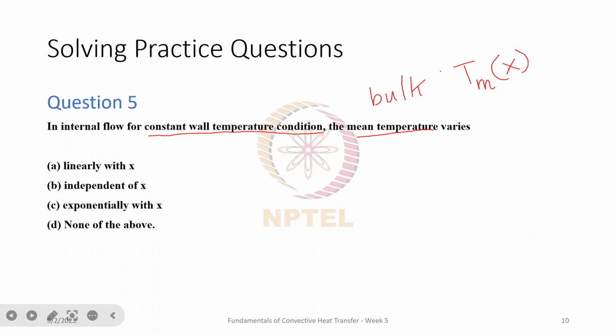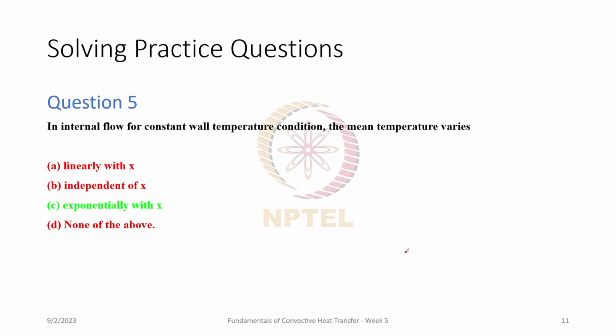So we have three responses in favor of option C, exponentially with x. We'll have a look at the solution. And it is indeed option C, exponentially with x. So why is it so?